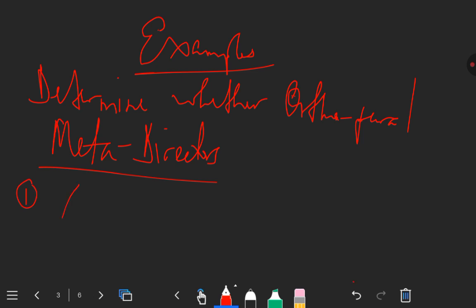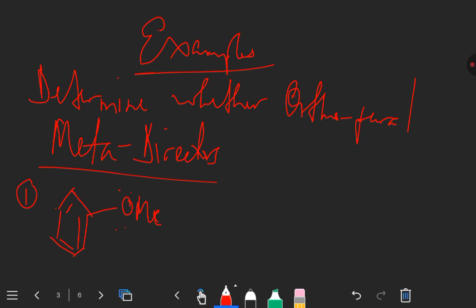Let's say we have this group. So this is the structure. We have a benzene ring like that. Then this benzene ring is attached to this structure. It is bonded to oxygen. Then we have a methyl group.